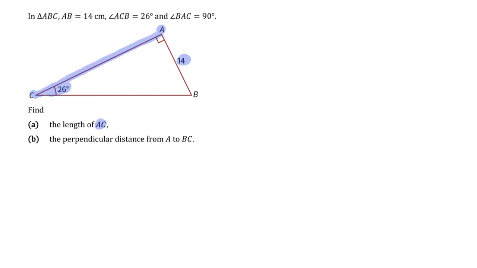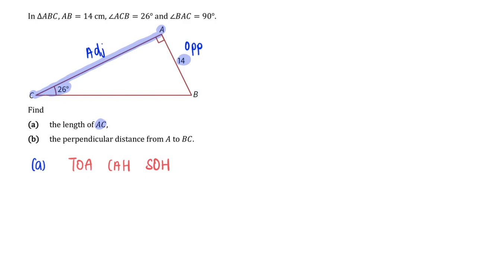So with respect to the angle 26 degree, I would then start to identify the sides first. Okay. So with O and A, the next thing that comes to my mind is actually the 3 trigonometric ratio.